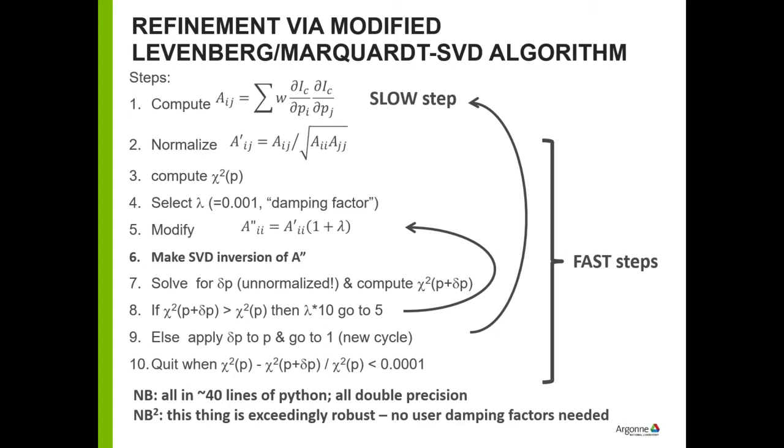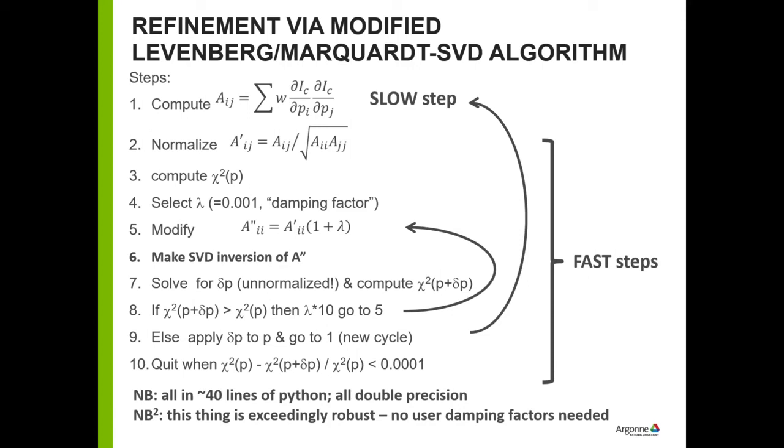You normalize it, and the reason for doing the normalization is that when you look at this matrix for a powder diffraction experiment in a Rietveld refinement, the terms inside this matrix can cover 16 or 17 orders of magnitude in some cases, which is really difficult for a computer to handle.